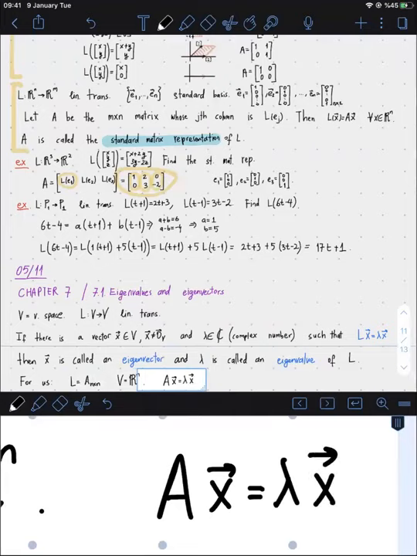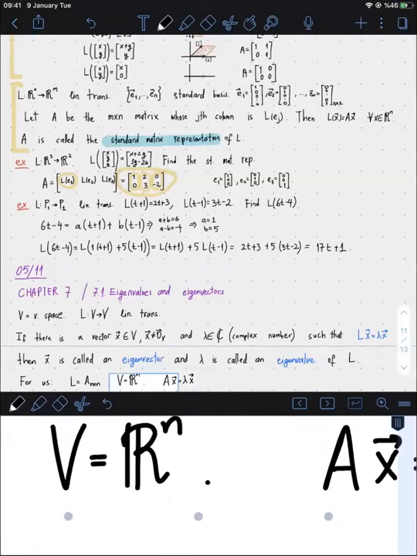For now, I don't want to talk about why this is important. First of all, we will see how to compute this, and then I will talk about the importance of eigenvalues and eigenvectors. So our first step is to compute eigenvalues and eigenvectors.